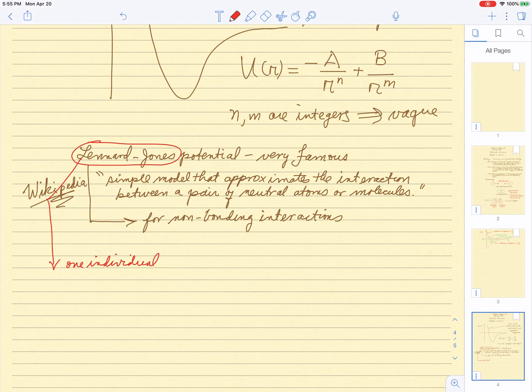Okay, so he's one individual, and trying to remember some information about him, he was born in 1894 and died in 1954.